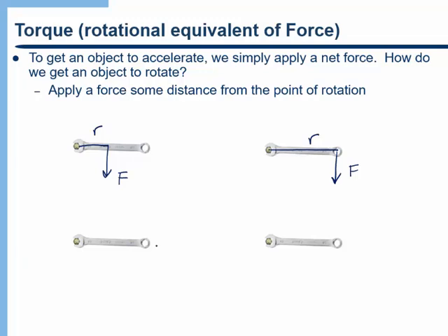Or maybe I exert a force at the end of the wrench, but I exert the force in that direction, again a distance r away from the pivot. Maybe I exert the force in the middle again, the same force, but now at some angle as opposed to perpendicular to r.